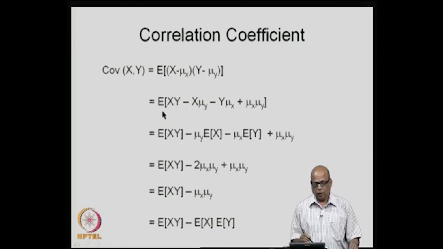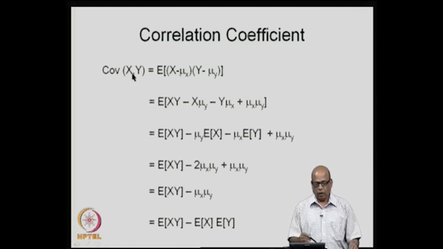So, we write it as the expected value of x y minus x mu y minus y mu x plus mu x mu y. From this, after you simplify, you get it as equal to the expected value of x y minus expected value of x times expected value of y.